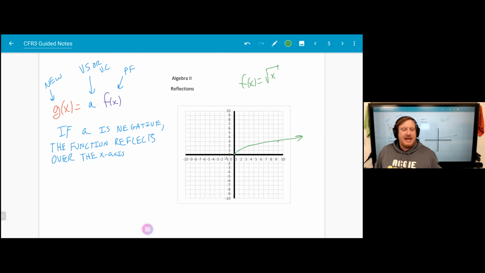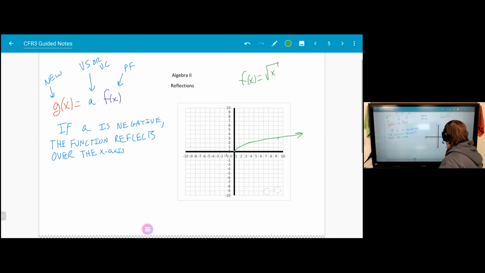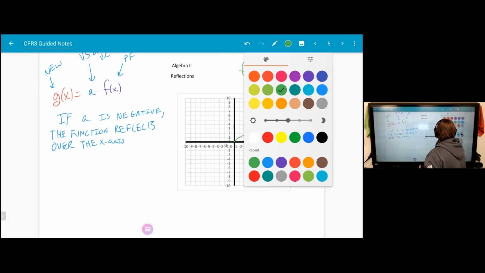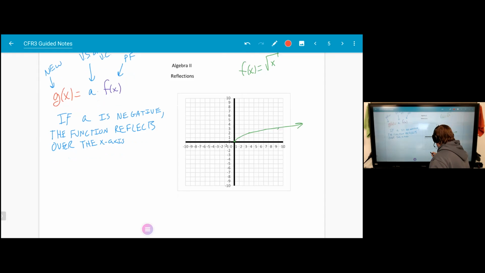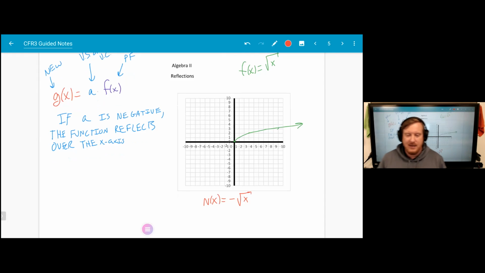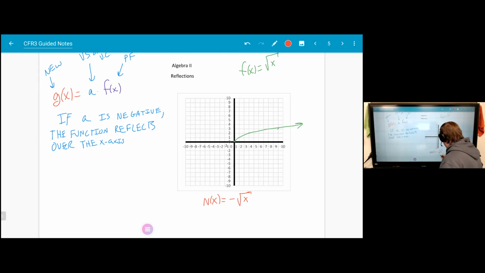What if I had, let's go different color, n of x, because why not, is negative square root of x. This is like negative 1 times the square root of x. I am saying that that is going to reflect over the x-axis because of that negative.